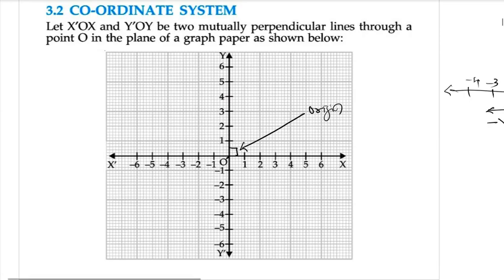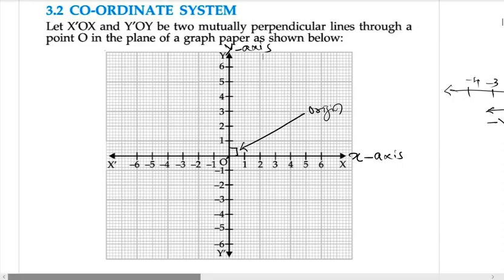Okay, now what is this horizontal number line known as? It is known as x axis. What is the vertical number line known as? It is known as y axis, right? X axis, y axis. So x axis is always horizontal. Remember this. I'm going to give you some cues over here.